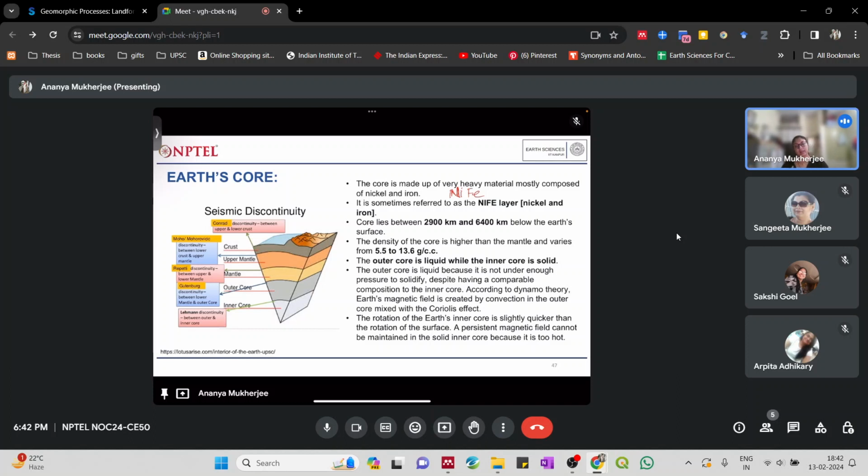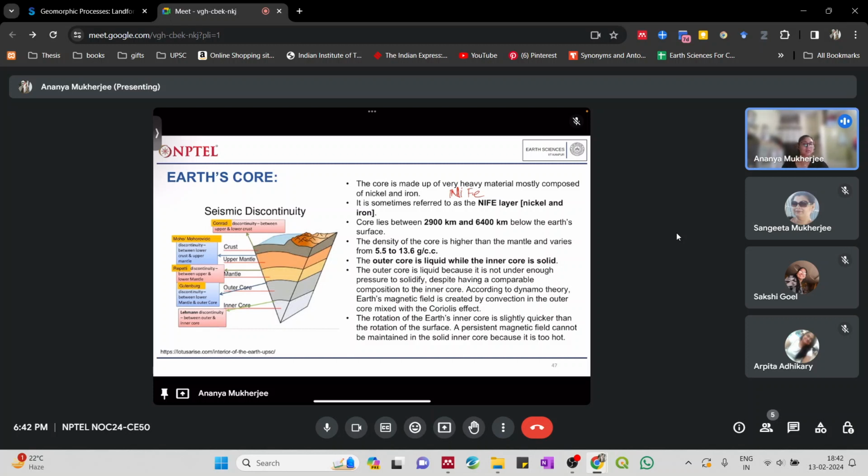So where does the core start? Obviously the seismic discontinuities that we had seen before play a very important role in understanding the depth to the core itself. And again, the outer core is liquid in nature when you are comparing it to crust and mantle.